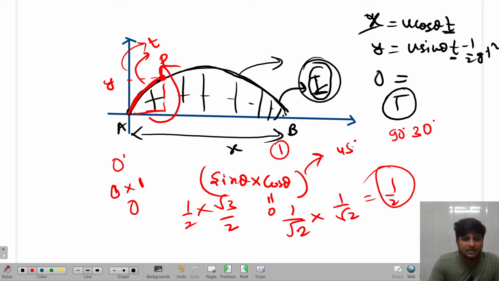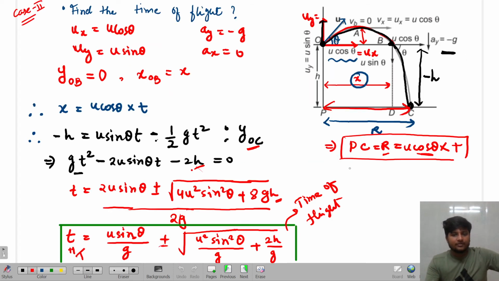So where the maximum value of sin theta into cos theta happens, it happens at 45 degrees. So range is maximum when theta is equal to 45 degrees. Got it or not? JEE 2022. Got it or not? Are you able to get me or not? Easy.